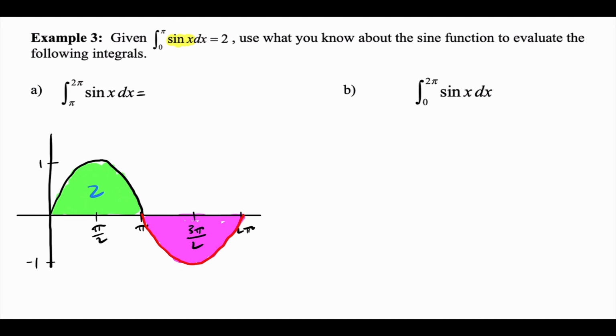What is area from pi to 2 pi going to be? How do we know? My question is, how do I know the green's 2? Because they told me. Given. Right? So what is my reason for that?